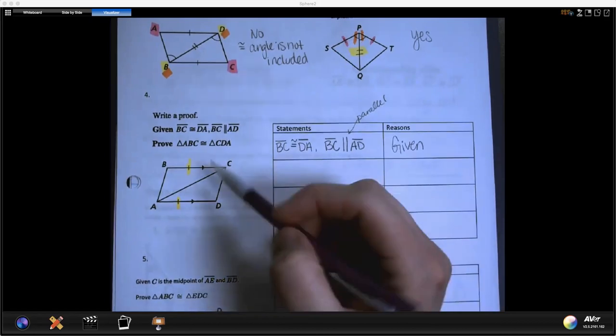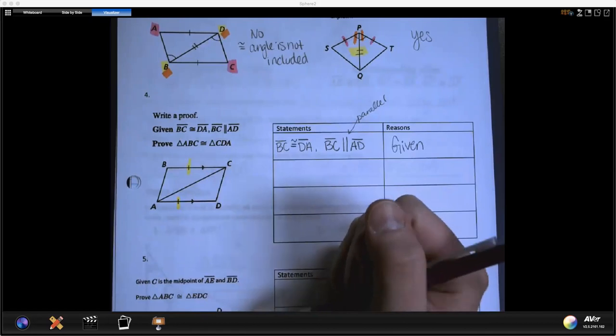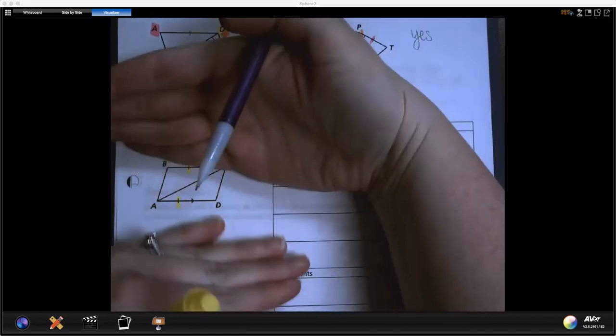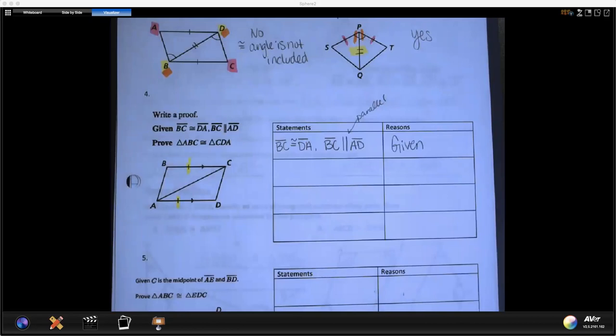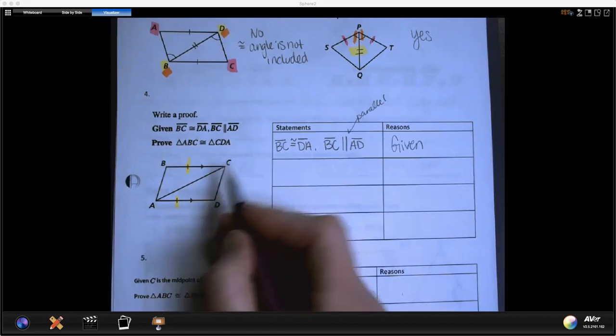Okay, so if we have parallel lines, this is parallel to this, okay, what angles could I say are congruent to each other then? Based on alternate interior, alternate exterior, any of those. So let me make the image simpler.